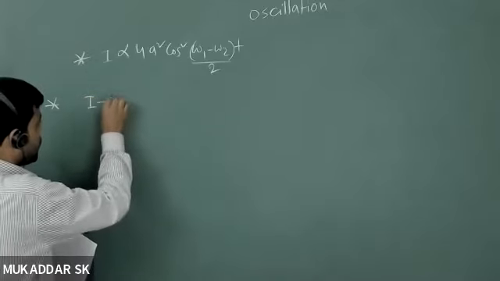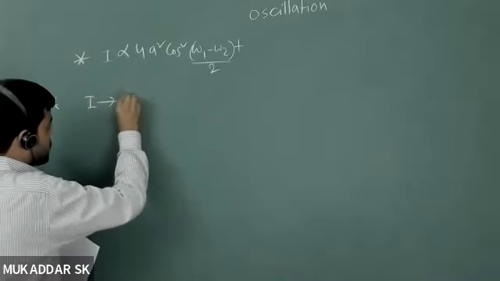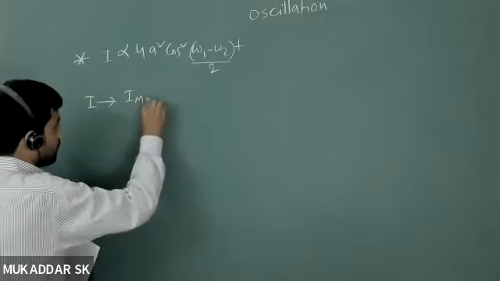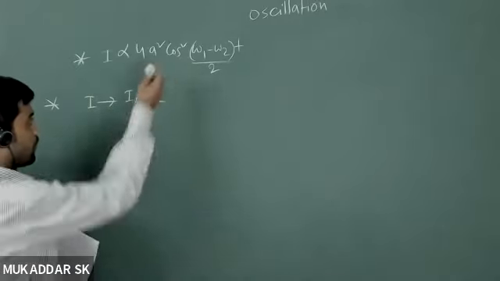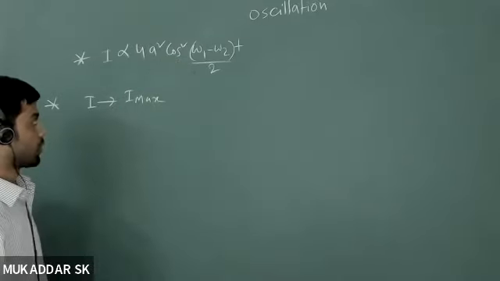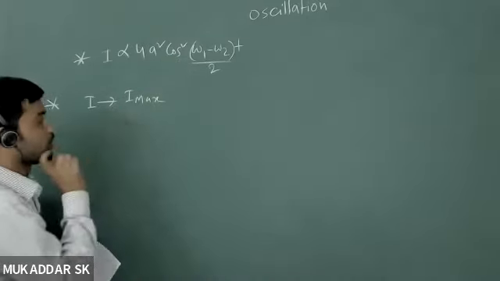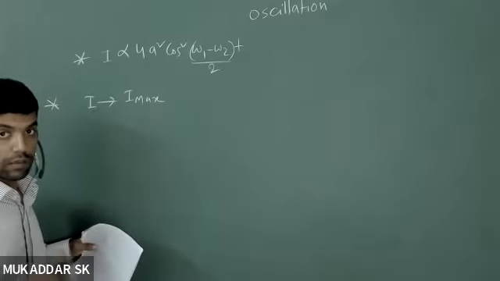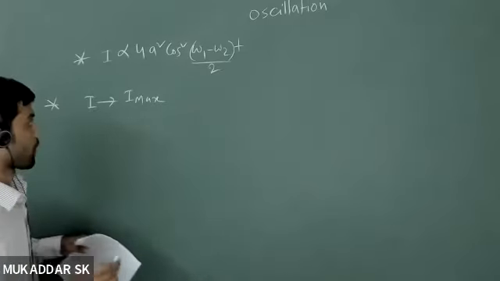So I max, I mean maximum intensity, will become, when you will get maximum intensity, if the value of cos is plus minus 1, right? It means when is the value of cos plus minus 1? When theta equals n pi.